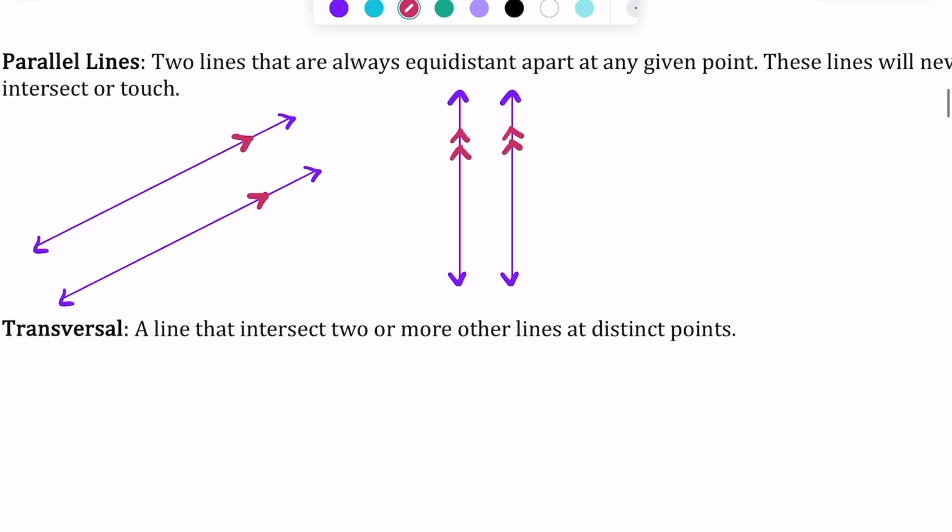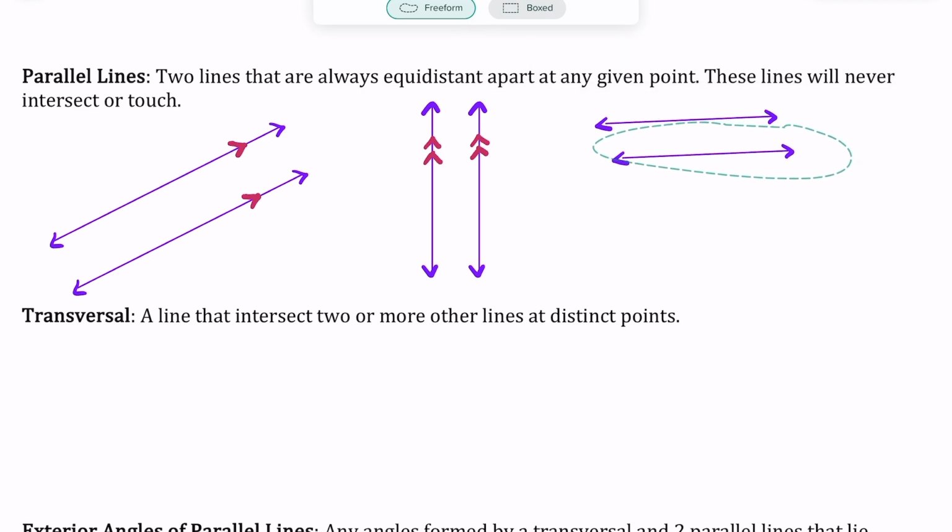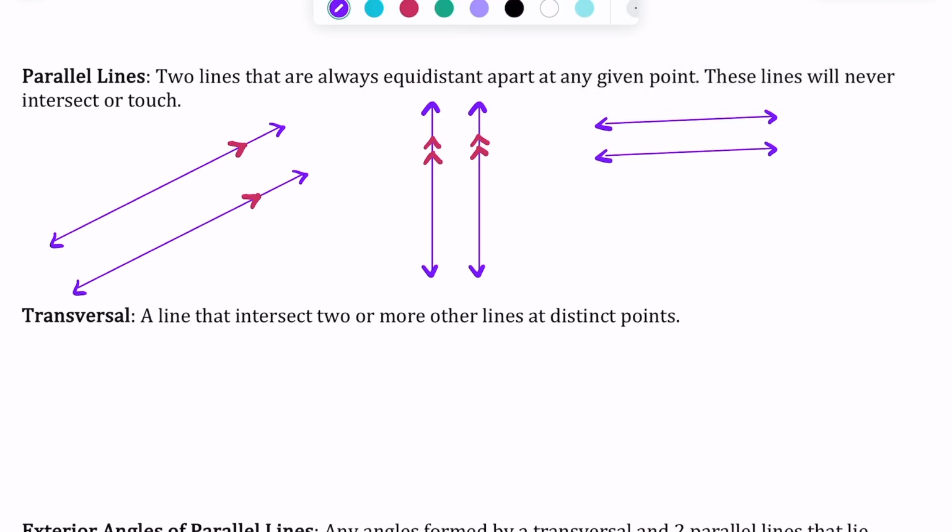Other things is that when we're talking about parallel lines, sometimes we don't actually say that they're parallel by putting in those parallel symbols. Sometimes we might just label the lines, give them names. And what names we give them can either be based on two letters or a lowercase letter.